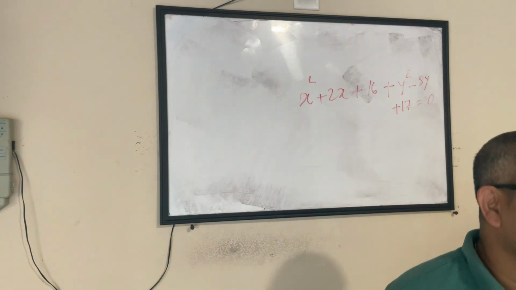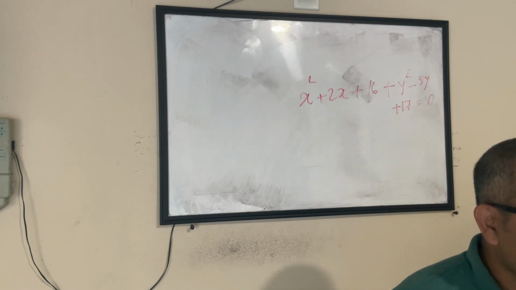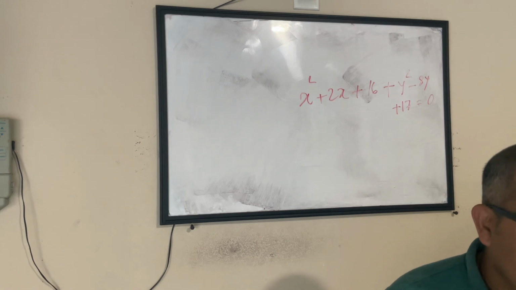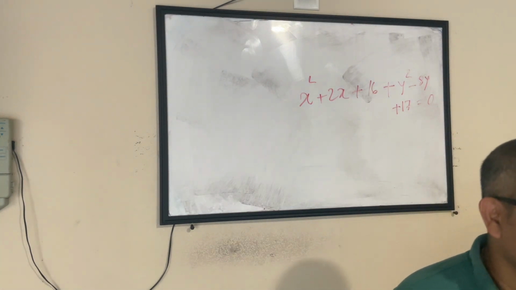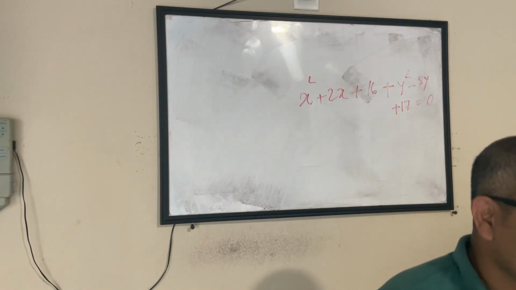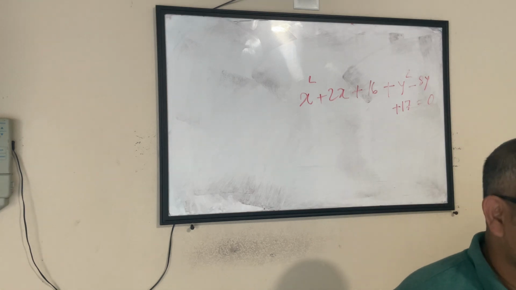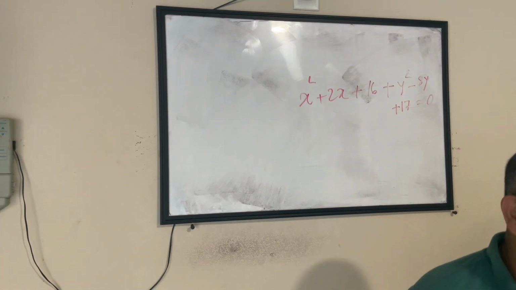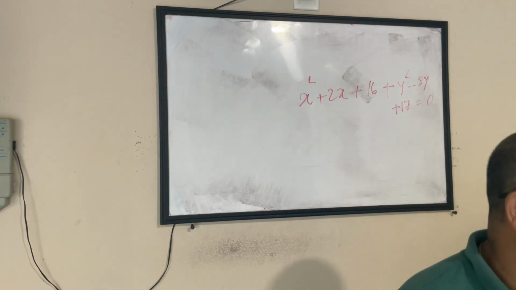Okay. 12 8 ja. 96. 6 8 ja. 48. 13 9 ja. 117. 8 9 ja. 72. 2 8 ja. 16. 13 8 ja. 104. Good job. Let's go to Yug.